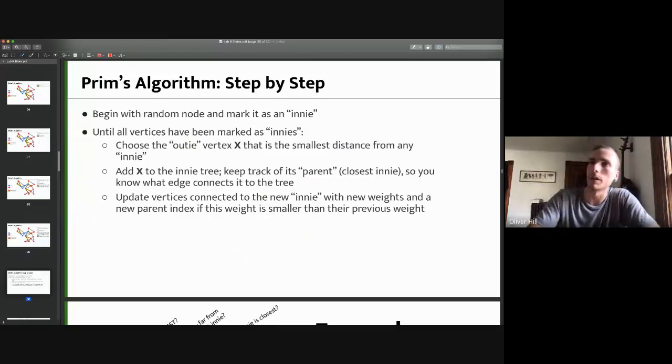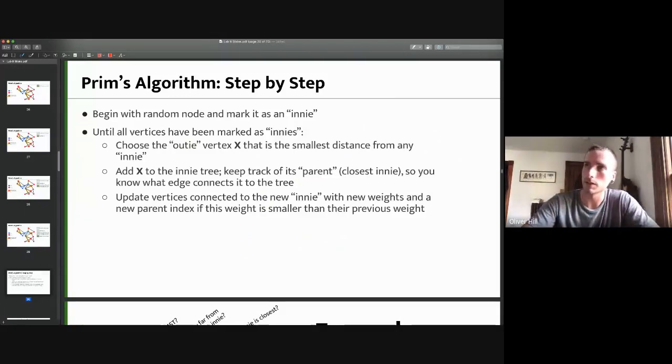Okay, so here's some prose pseudocode. We're going to begin with a random node and mark it as the partial MST for now, inside.